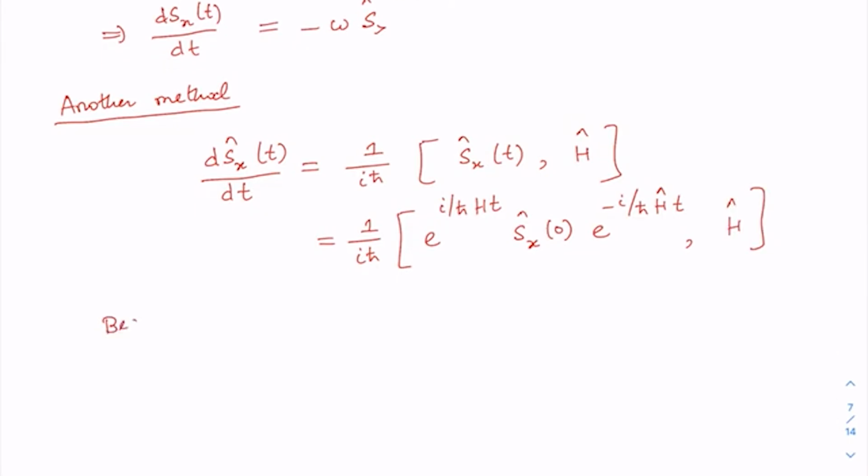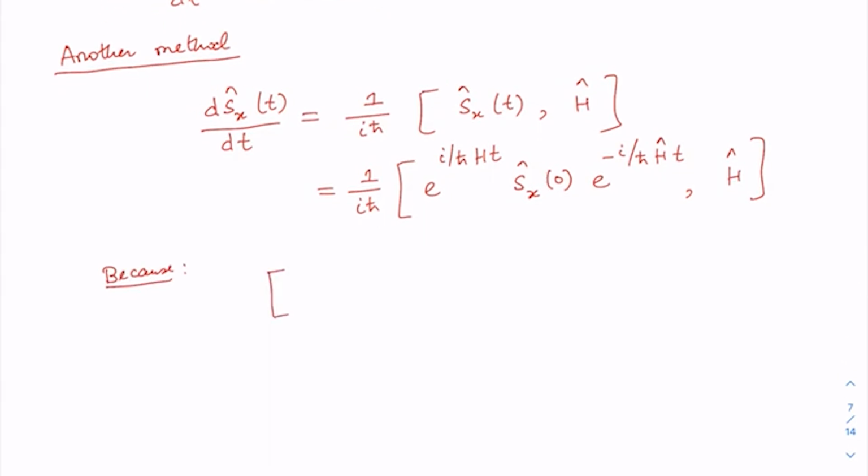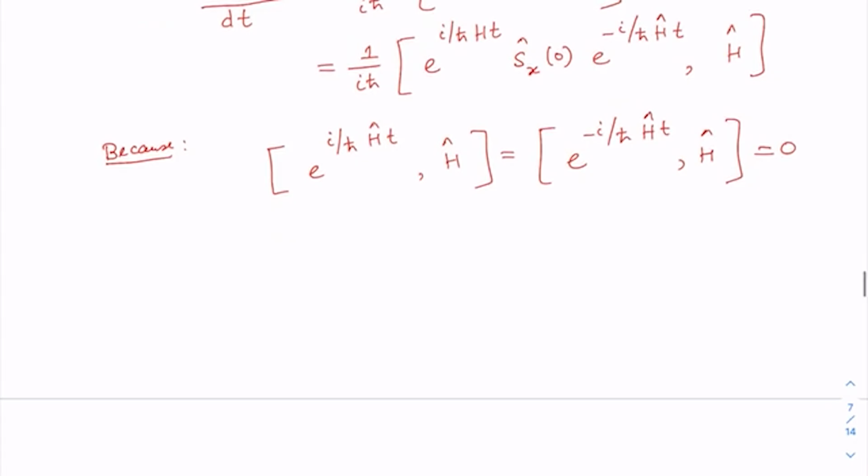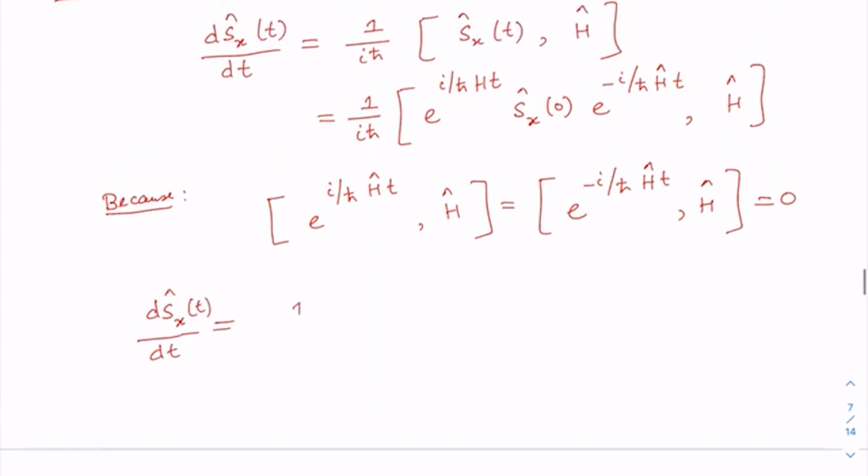Now, because this Hamiltonian commutes with this evolution operator, either way, it will be e to the power minus iHt/ħ. It's very easy to see that this commutes, and because of that, I can write dSx/dt is equal to 1 by iħ. Just look at this expression here.